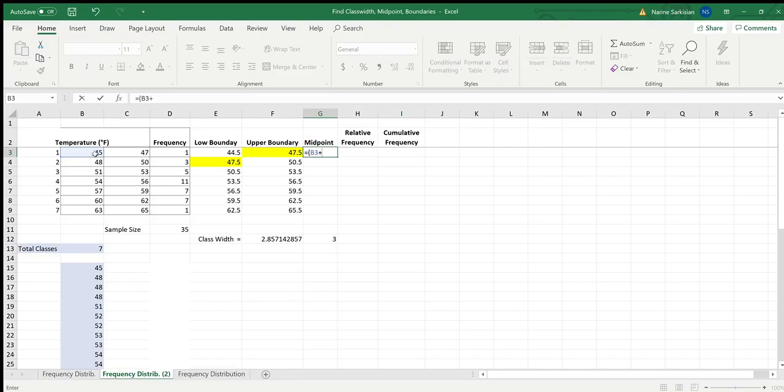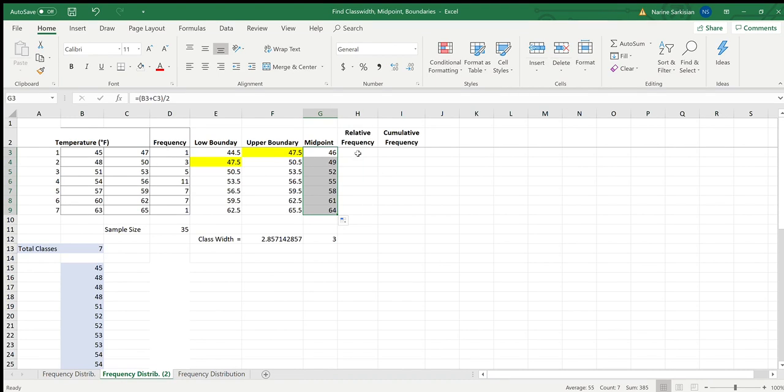I took the cell plus the upper limit of the same class. All right, and we divide by 2. Okay, so I got 46. If I drag it down, I will get the midpoint for all 7 classes.